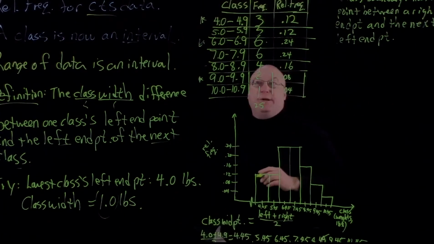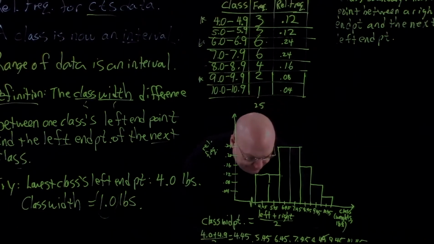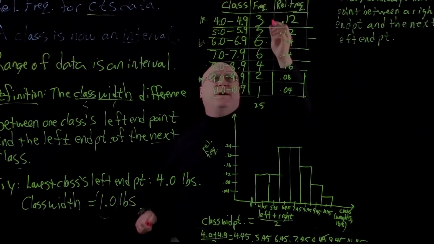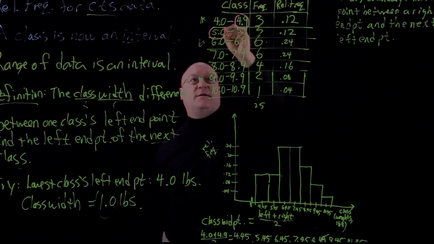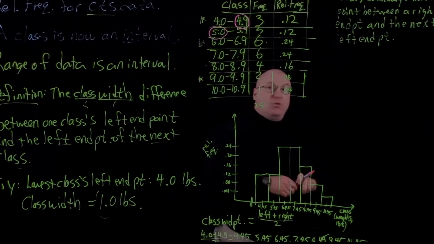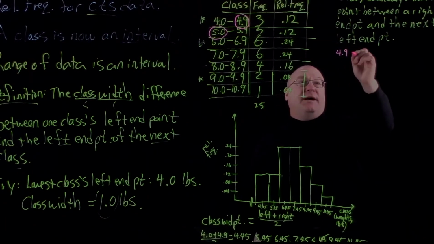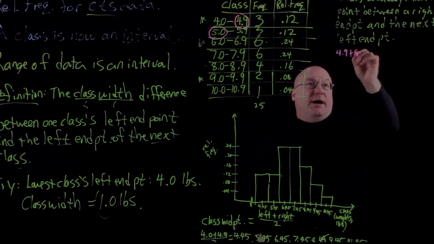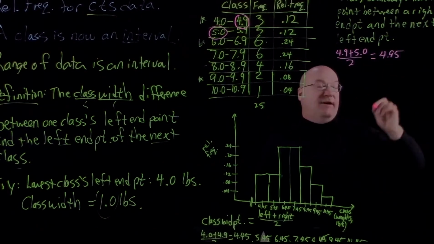Okay, so look here. The right endpoint of the first class is 4.9. The left endpoint of the next one is 5.0. So I have 4.9. Halfway between there, I will get by adding up and dividing by 2, right? And of course, that gives me 4.95.